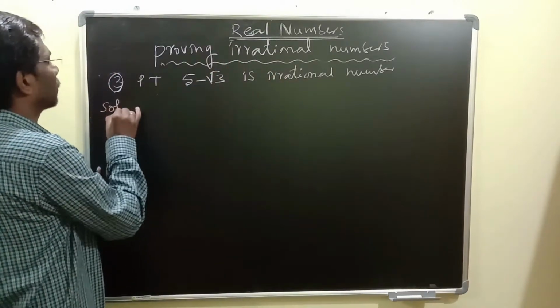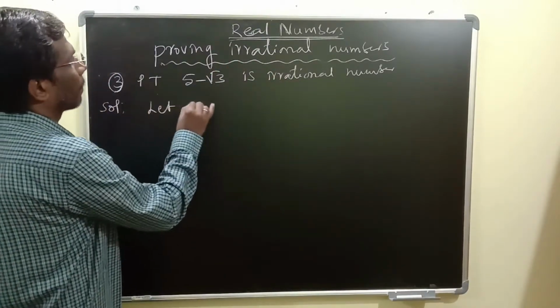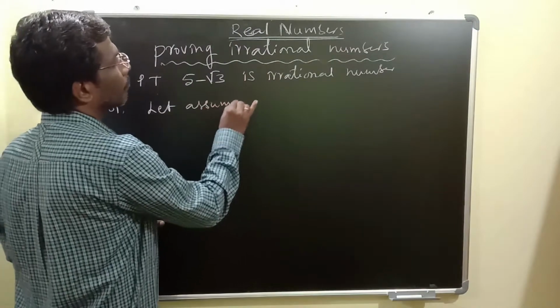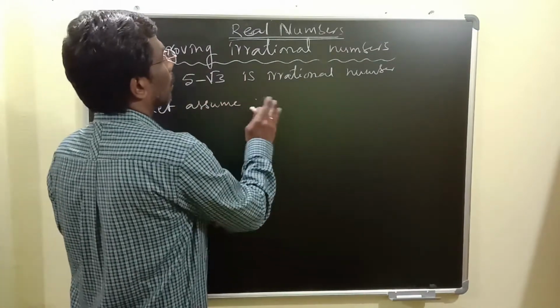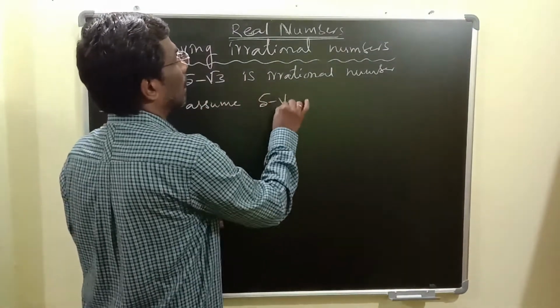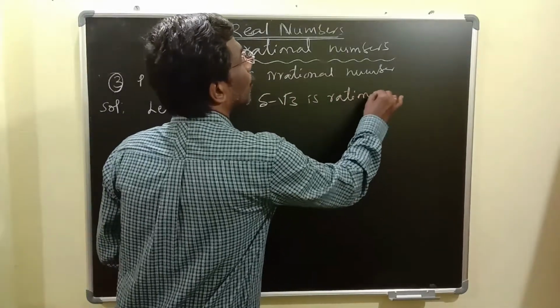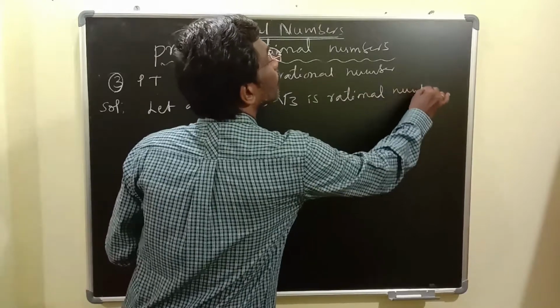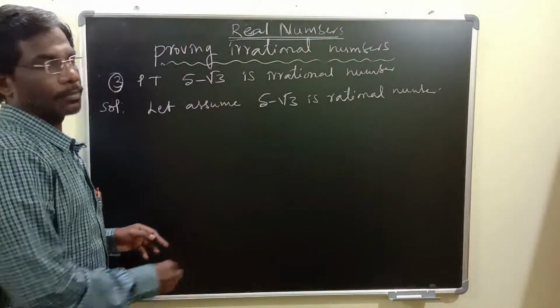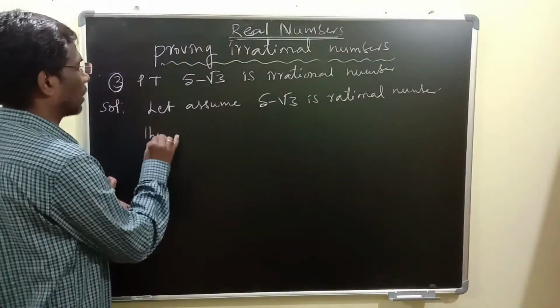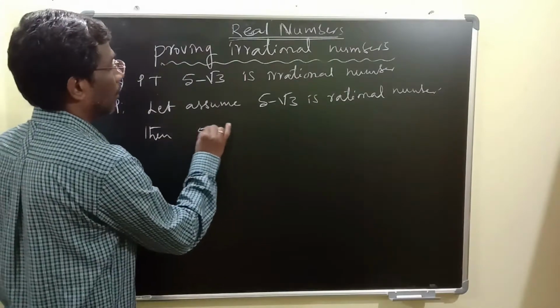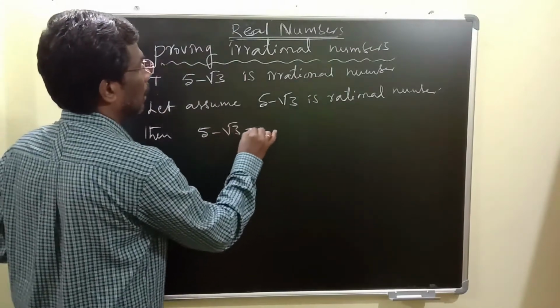The solution is, let us assume 5 minus root 3 is a rational number. Then we can write that number 5 minus root 3 as what?